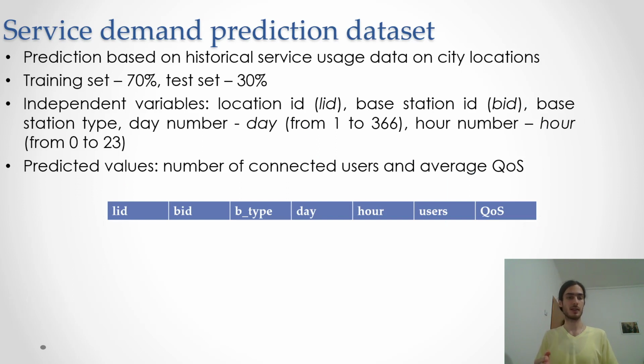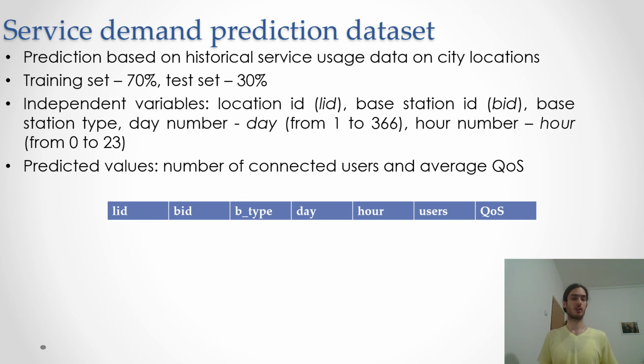The data set is shown on this slide as the header of a table. Independent variables are location ID, base station type, like whether it is a macro or micro cell, diversity technique leveraged, like decode and forward, selection combining, and so on, the number of the day within the year when the consideration was made, and the hour within the day when the service demand was observed.